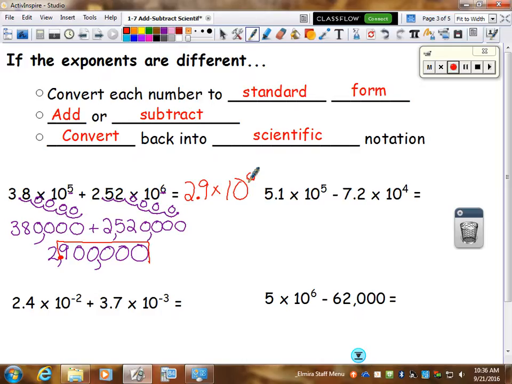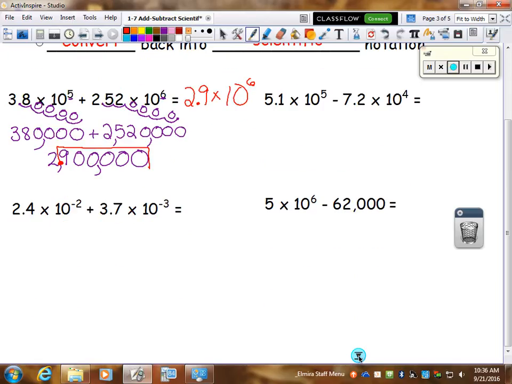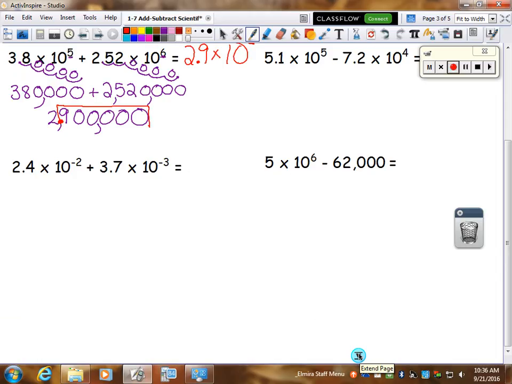Okay, let's do one with a negative exponent. 2.4 times 10 to the negative 2 power. So I'd move the decimal over 2 times, 0.024, plus... negative exponents mean make decimals, move the decimal to the left 1, 2, 3 times, 0.0037, and add those together. 0.0277.